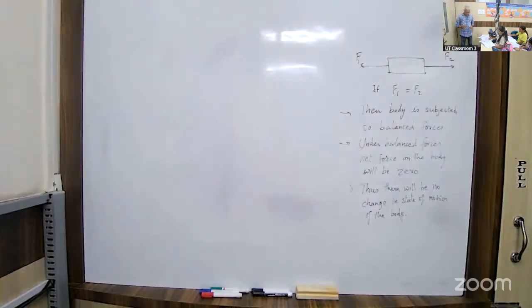What does this mean? This means if the body was at rest, it will remain at rest. If it was moving, it will continue to move with uniform velocity. No change in state of motion.